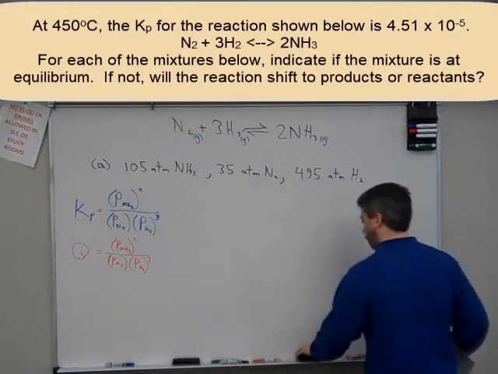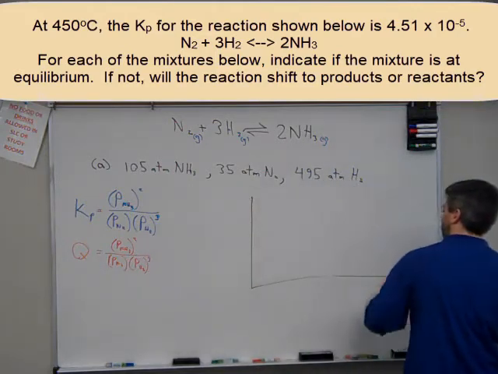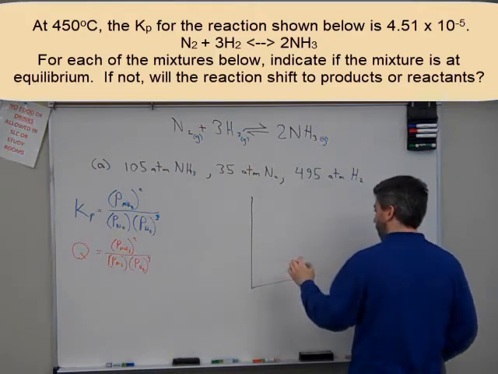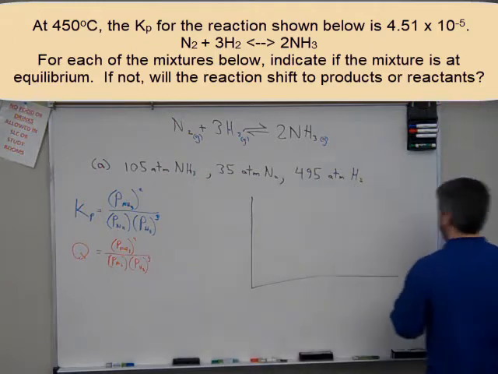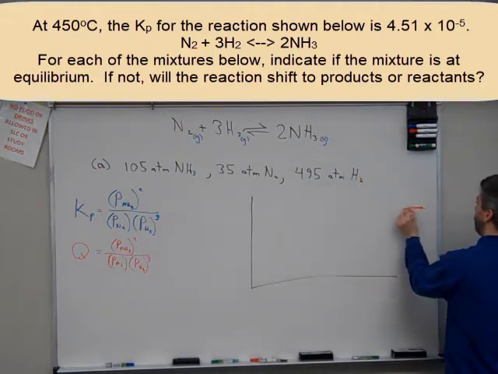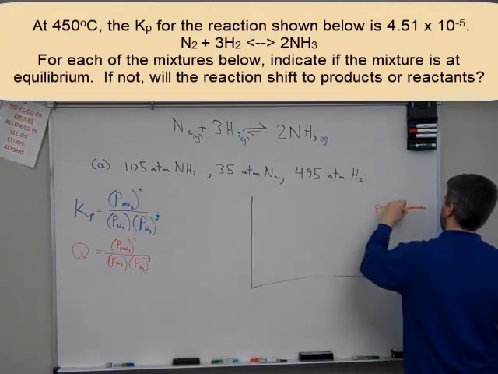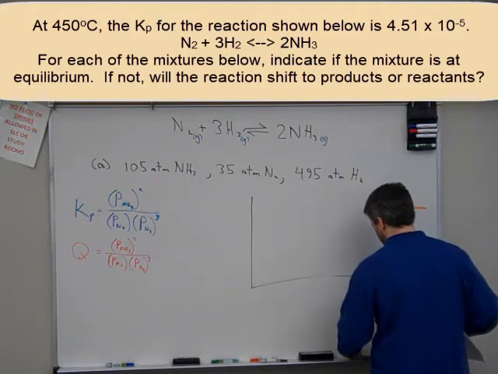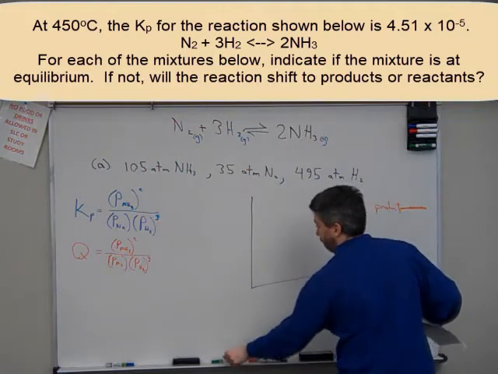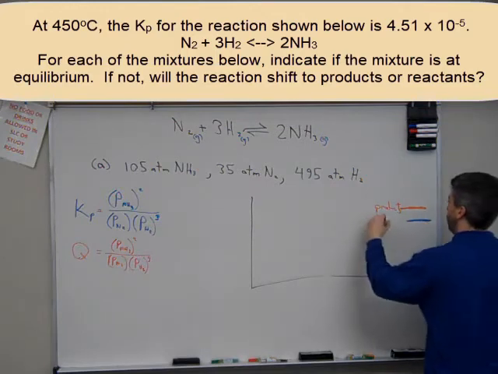Essentially, if we have a reaction diagram, let's say the orange line represents your products, that's the amount of products you have, and let's say the blue line represents reactants.